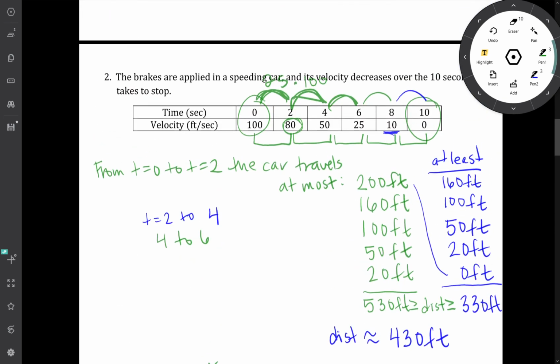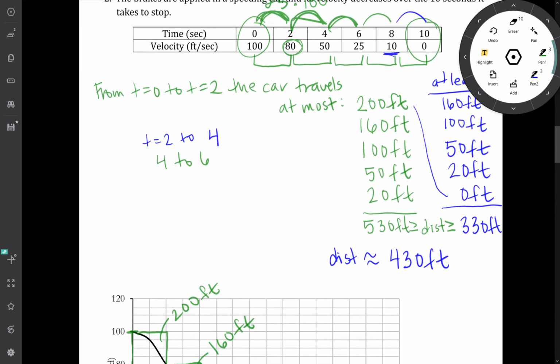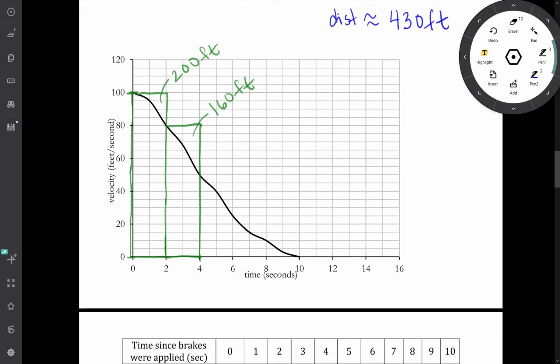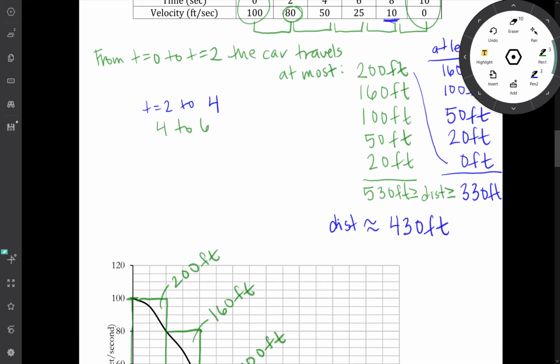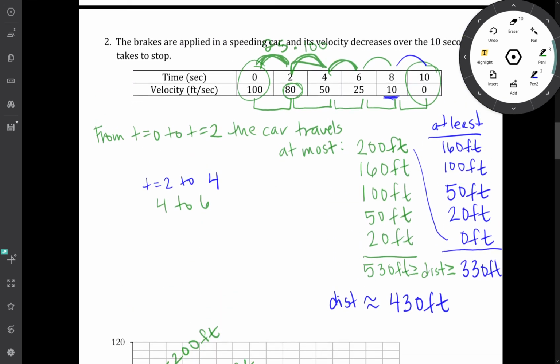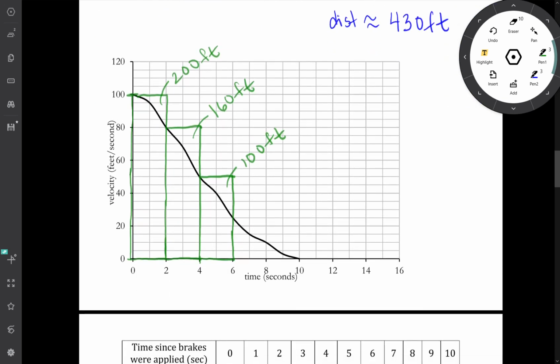4 to 6, we multiplied by 50. So there's our 2-second time interval, there's our 50 feet per second, and that's our 100 feet. 6 to 8, that's 25 feet per second for 2 seconds.